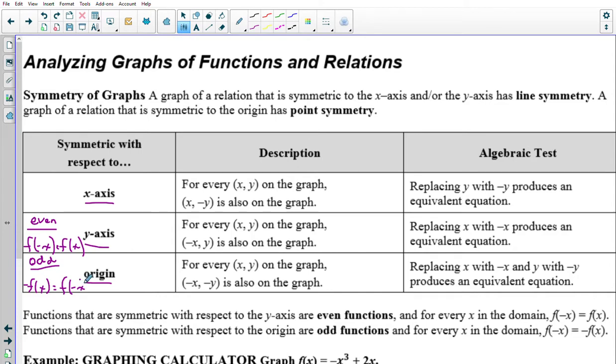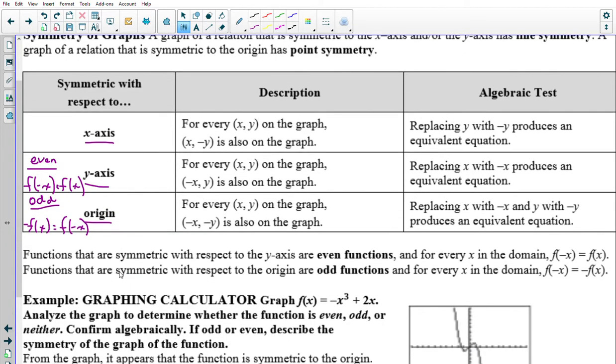Now, that seems really confusing, and that's why it's really important for you to always go back to the definition to determine if it's even or odd. All even functions reflect over the y-axis, and all odd functions have symmetry about the origin.